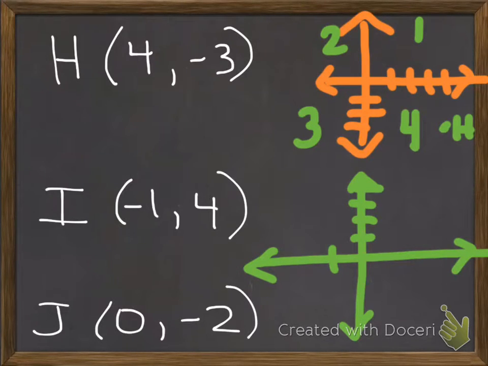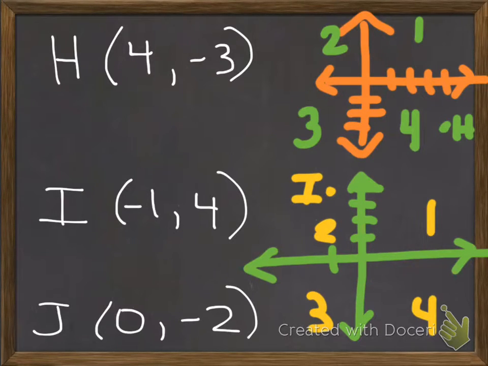And then we're going to graph the next one. And that is going to be over to the left 1, because our X value is negative 1, and up 4 on the y-axis, which is about here. So I label that as I, and again, if I count my quadrants, 1, 2, 3, 4, it's going to be in the second quadrant. And then the last point is (0, -2).